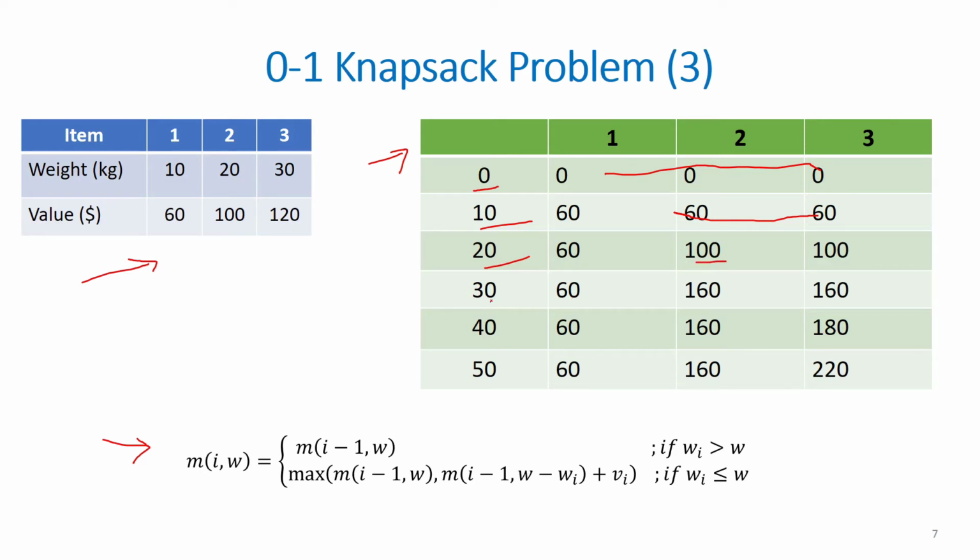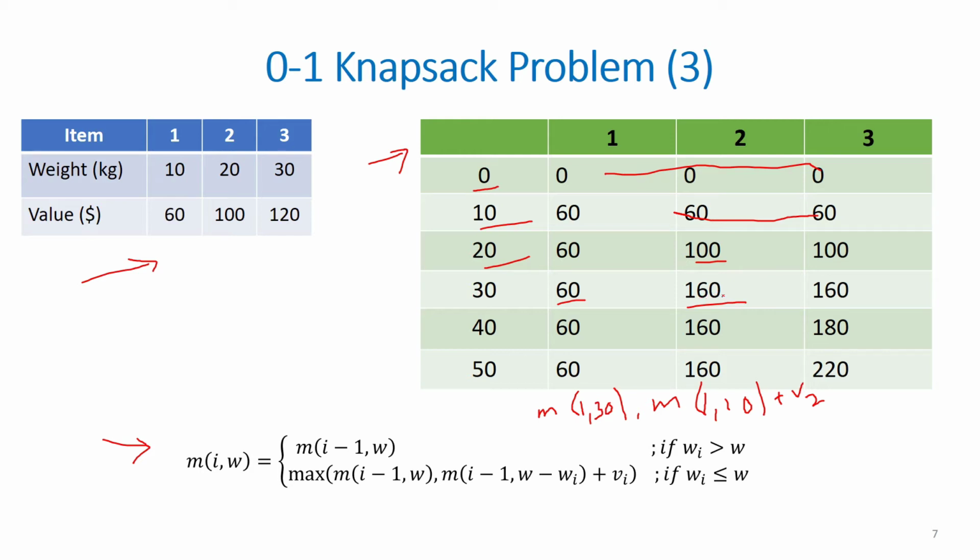For W equal to 30 kgs, M[2][30] becomes $160, which is calculated by taking the maximum value of M[1][30] according to this recurrence equation, which is 60, and 60 plus V2, which is 100, that is $160.